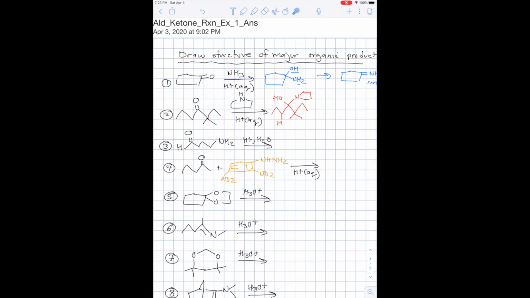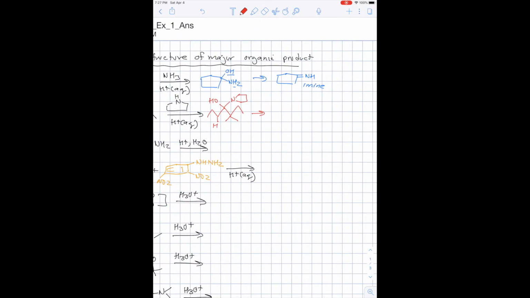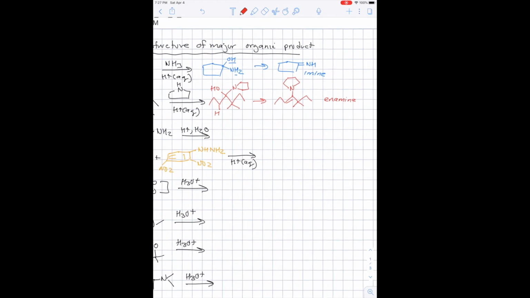The way this particular molecule is set up, there's no hydrogen on this side, so it has to pull it from that side. And so our resulting enamine is going to look like that.